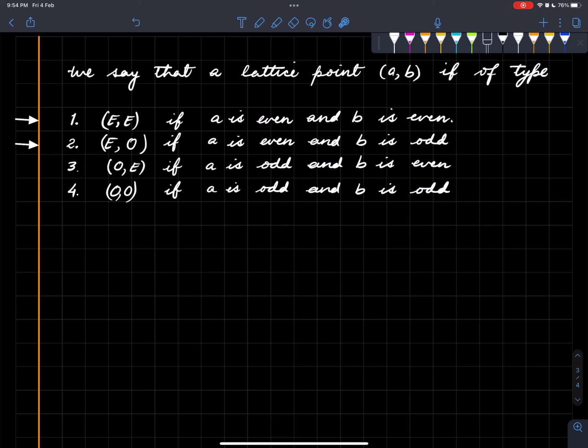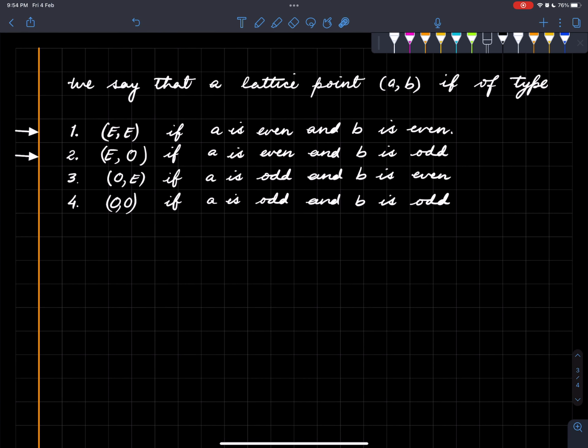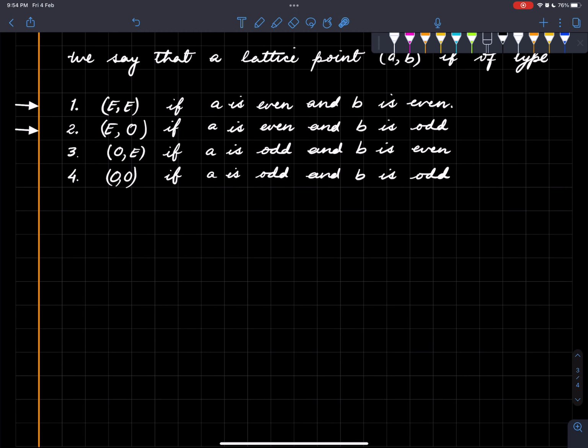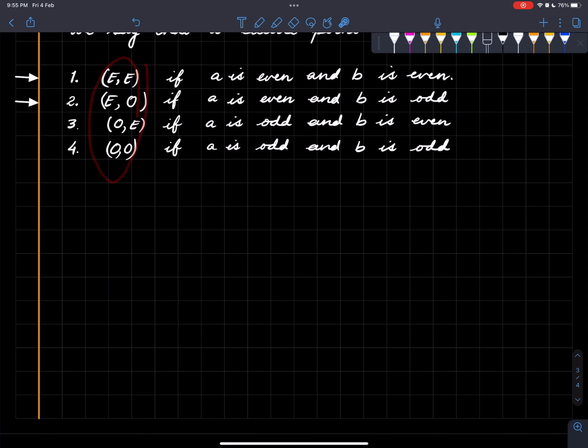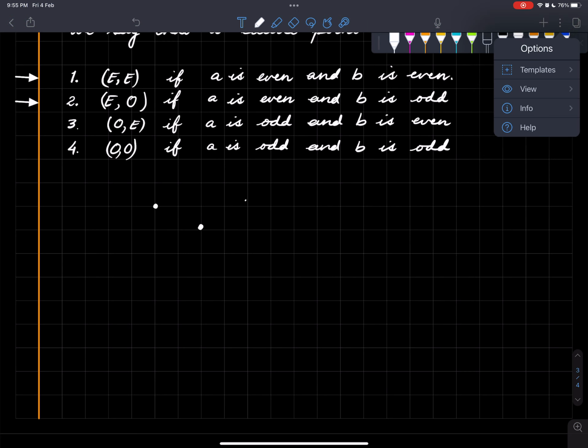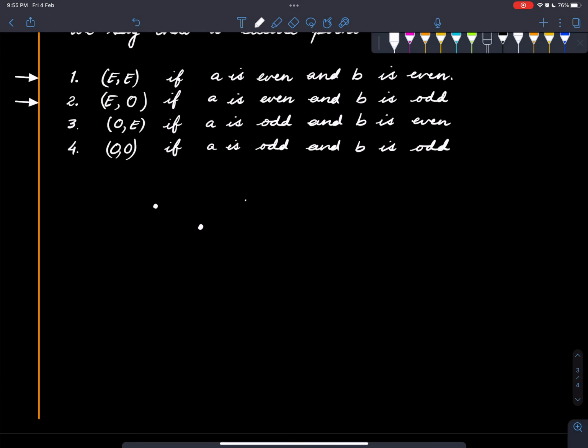Okay, so now what we are going to use is the pigeonhole principle. If you are not familiar with it, you can follow the video link that is flashing on the top right corner of the screen. And if you are familiar with it, well then you can just follow what I'm going to say. So what we have is 5 points, some 5 points, and we have 4 types.